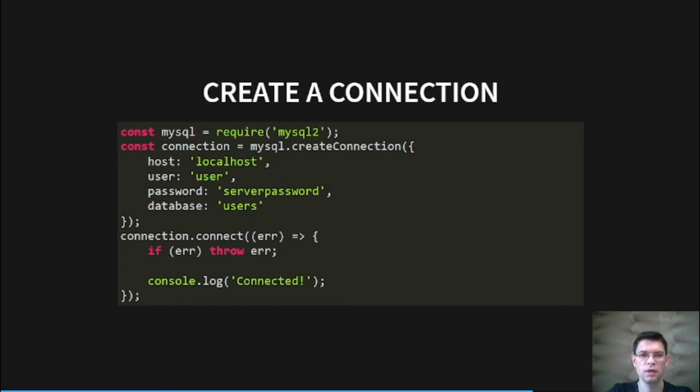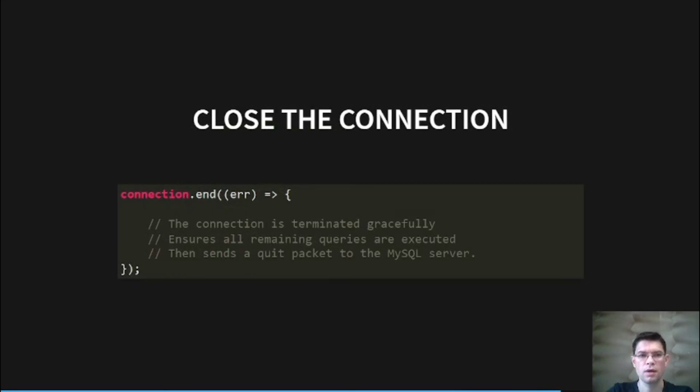The connect method accepts a function whose parameter contains an error that occurred during the connection. The end or destroy methods are used to close the connection. Destroy immediately closes the connection without waiting for the remaining queries to complete.